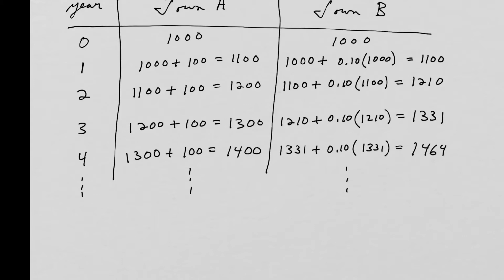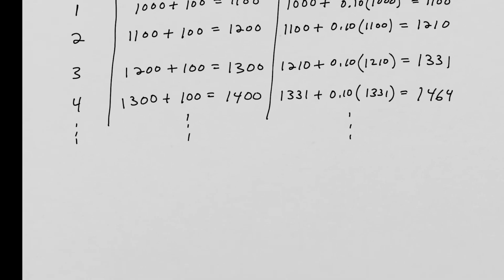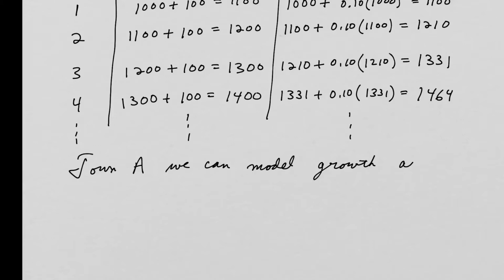Okay, so it turns out that town A's population we can model as linear growth, so we can model it with a linear equation. Let me show you that. For town A, we can model population growth as a linear function.